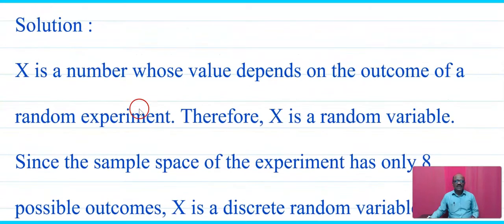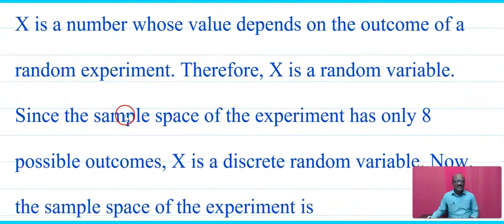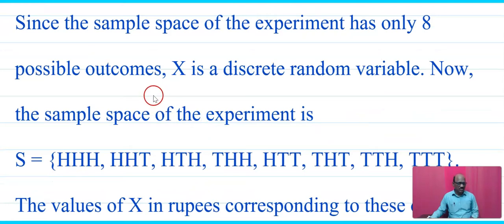Now see this here. X is a number whose value depends on the outcome of a random experiment. Therefore, X is a random variable. Since the sample space of the experiment has only 8 possible outcomes, X is a discrete random variable.